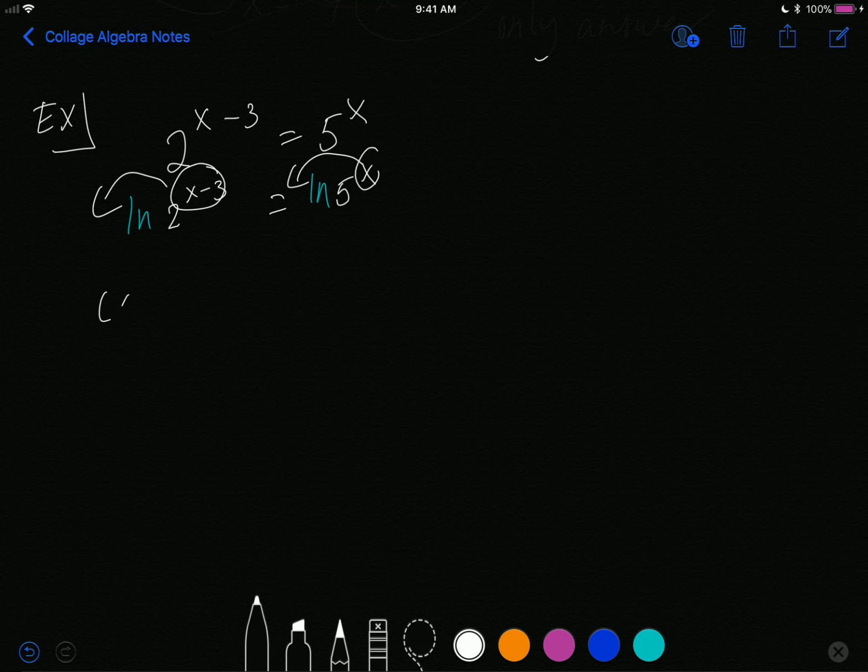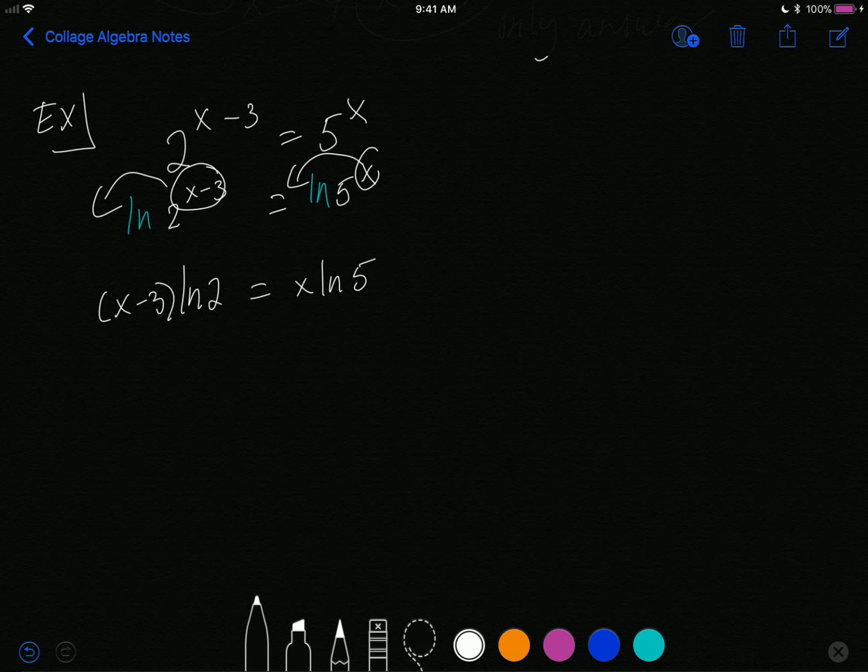And so that leaves us with x minus 3 multiplied by ln 2 is equal to x times ln 5. The point being that I can now use algebra to isolate the value of x and solve the problem.